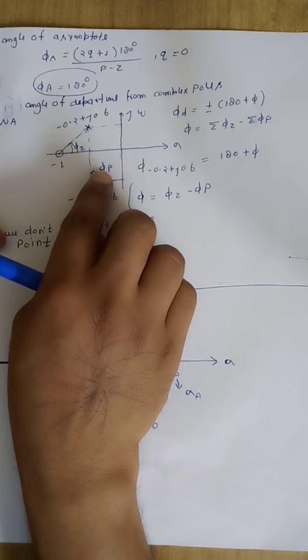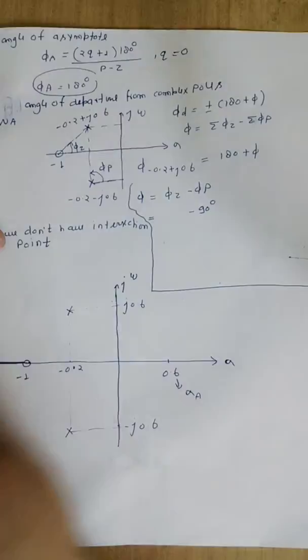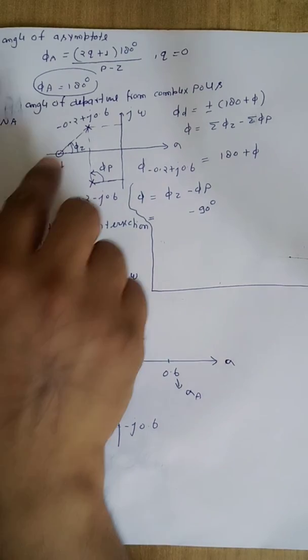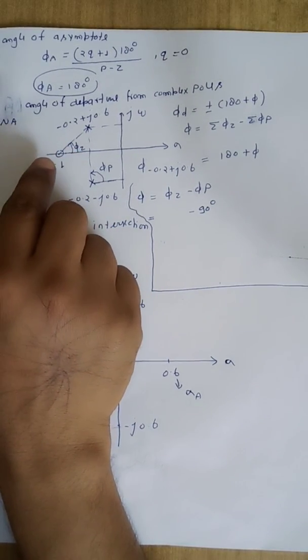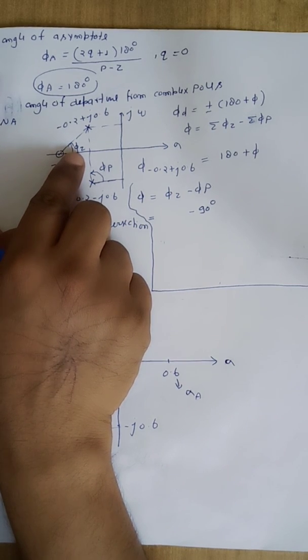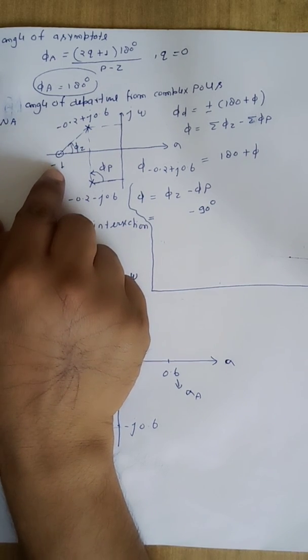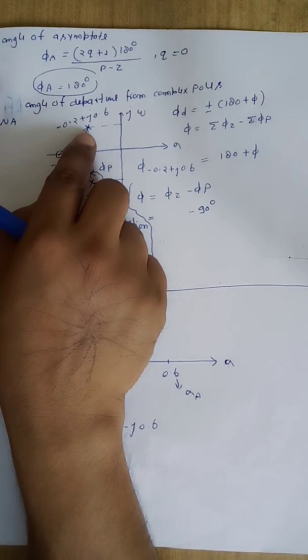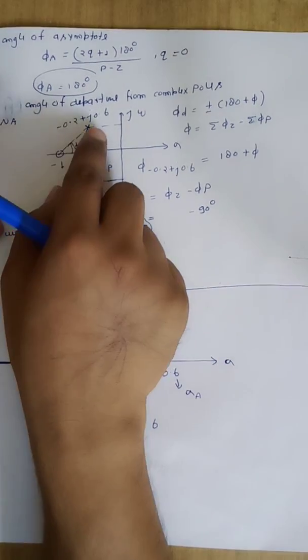Directly we can write it is 90 degree. To calculate phi z, suppose this is angle phi z. So to calculate phi z, we will join zero at s equal to minus 1 with pole where we want to calculate the angle of departure.